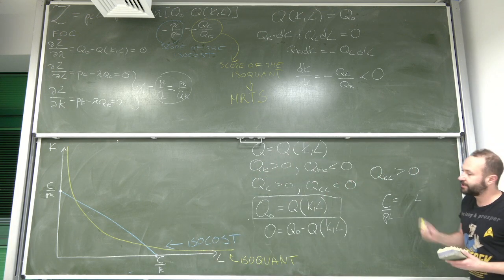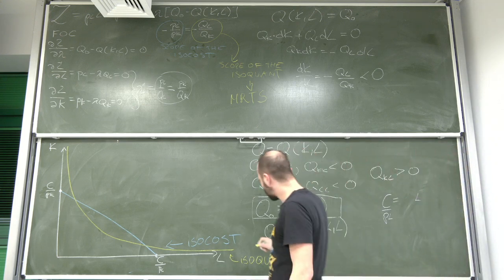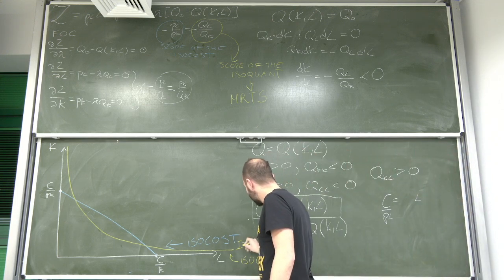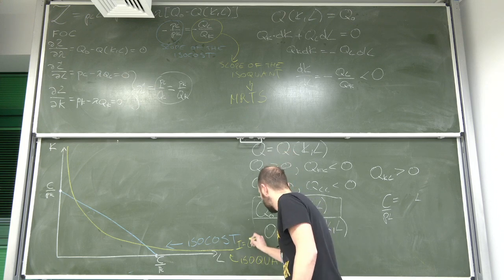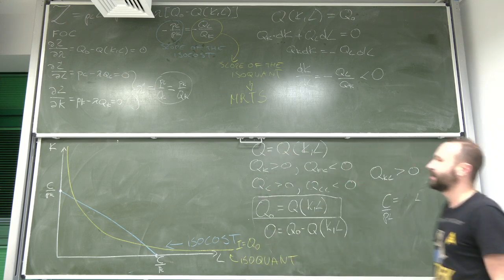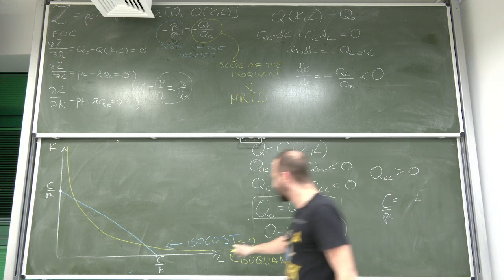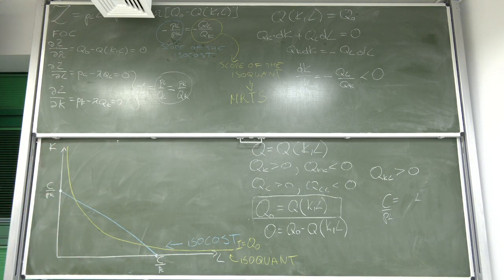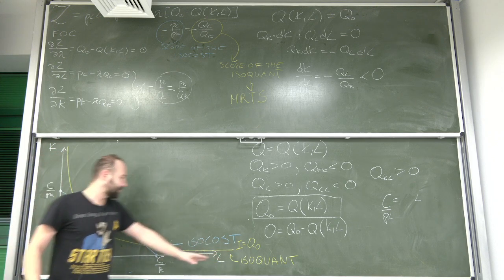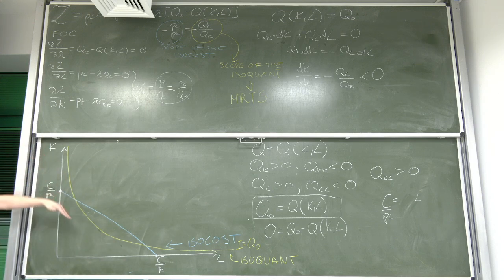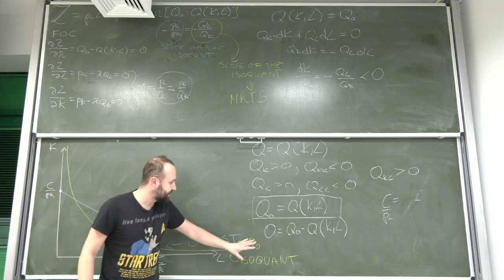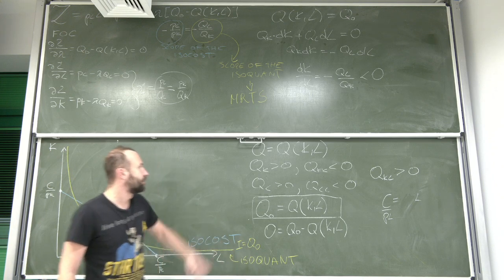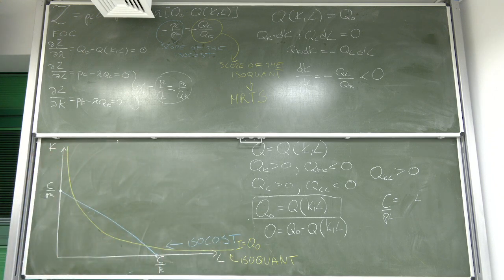And now look, this isoquant is associated with level of production Q0, right? So what we get is that every combination of capital and labor on this line is giving us exactly the same amount of production Q0 out of this production function.